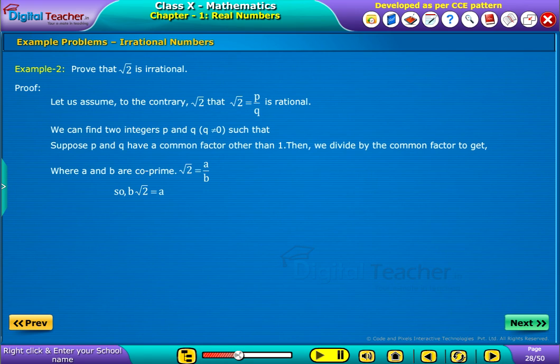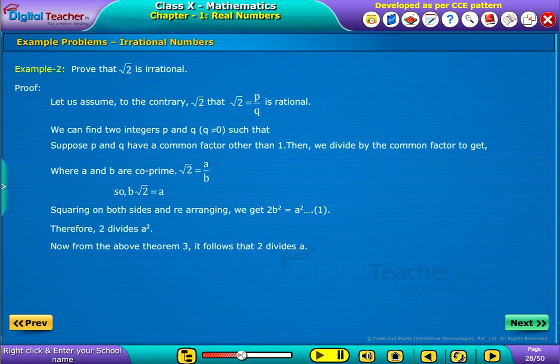So, b root 2 is equal to a. By squaring on both sides, we get equation 1 as shown on the screen. Therefore, 2 divides a square. Now, from theorem 3, we can say that 2 divides a. Therefore, we can write a is equal to 2c for some integer c. Substitute the value of a in equation 1.